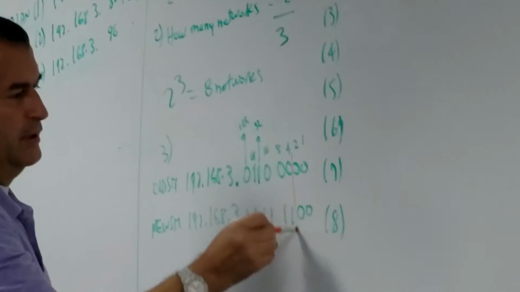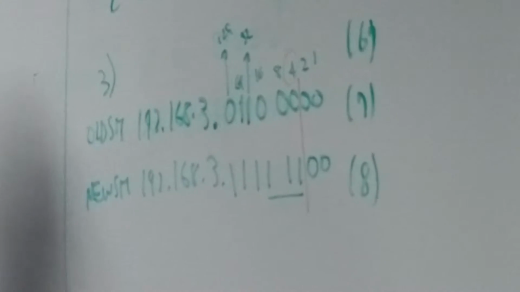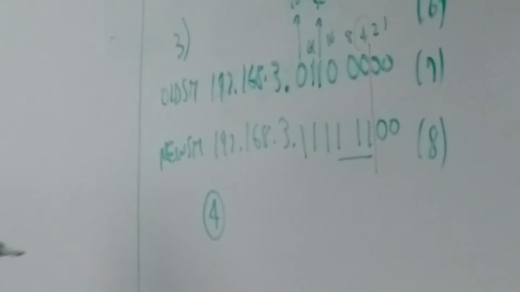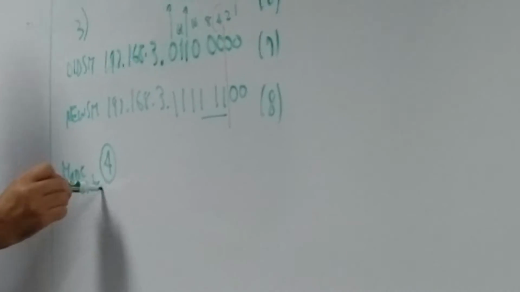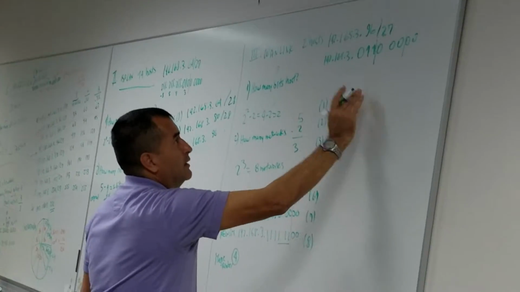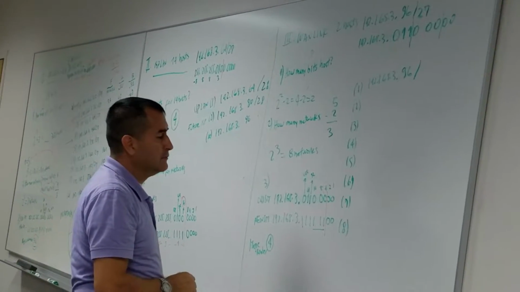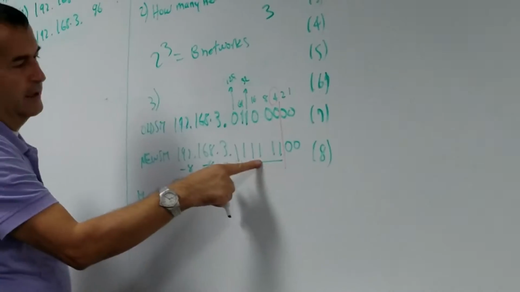Transition here. Magic number is gonna be 4. That's the magic number. So what are the networks? 192.168.3.0. Oh, sorry, 96. This time is gonna be 8, 16, 24, 25, 26, 27, 28, 29, 30.